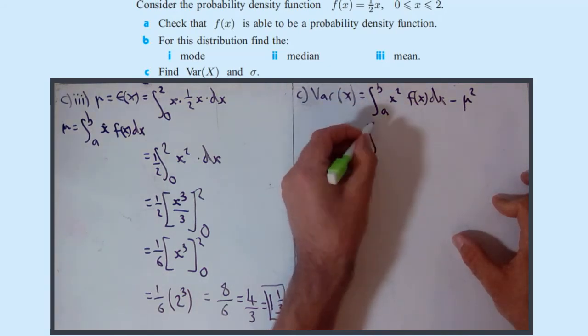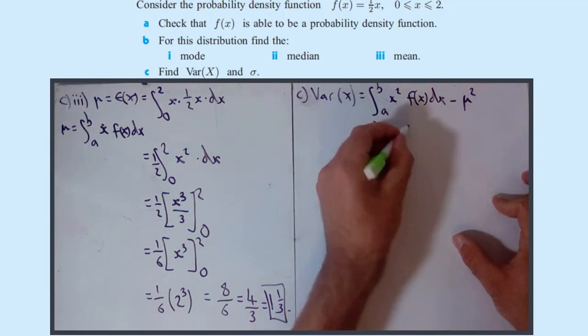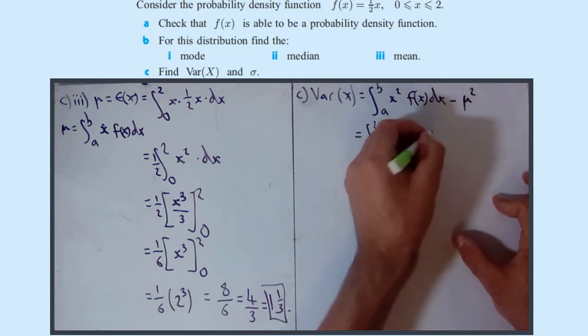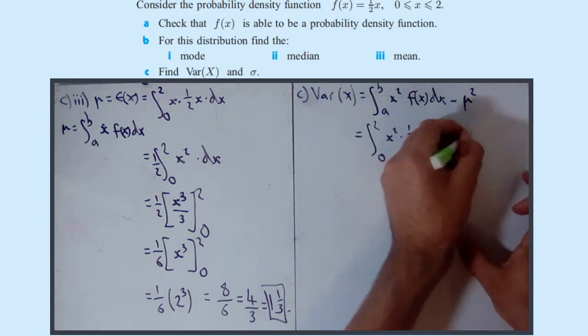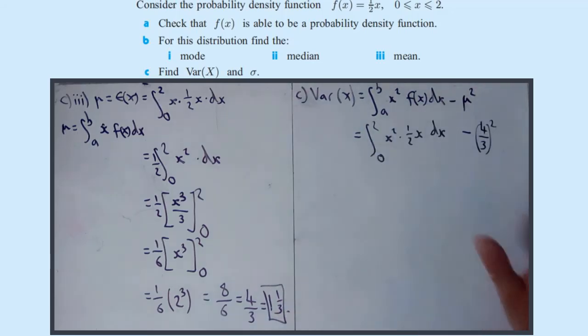Which is going to be between b and a, that is 2 and 0, x squared times a half x dx minus 4/3 squared. Right, so what can we do with this?